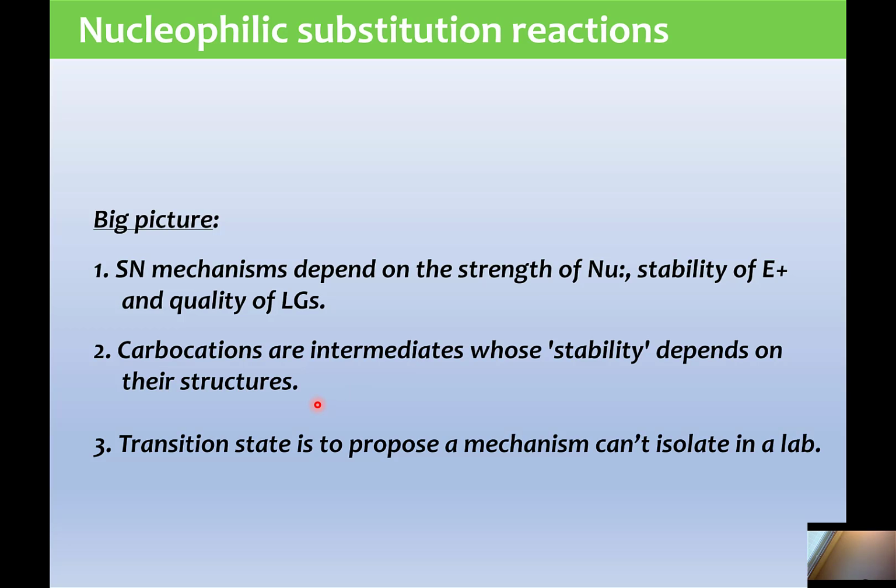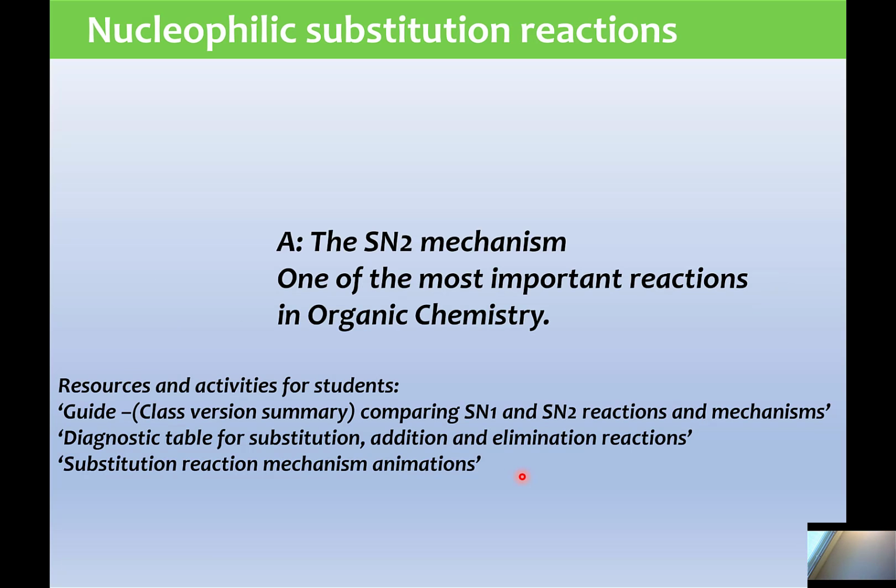The carbocation intermediates can show migration, depending on their structure, and this is only in the SN1 mechanism. The transition state is also a proposed mechanism, since we won't be able to see it in a laboratory, right?